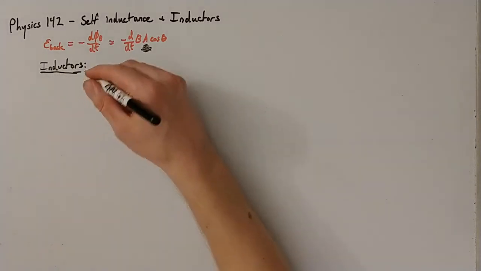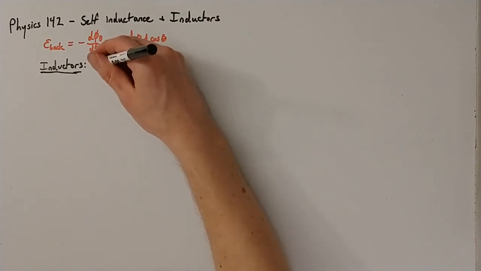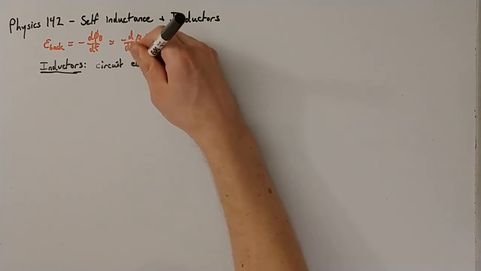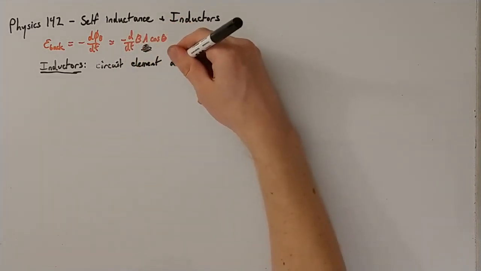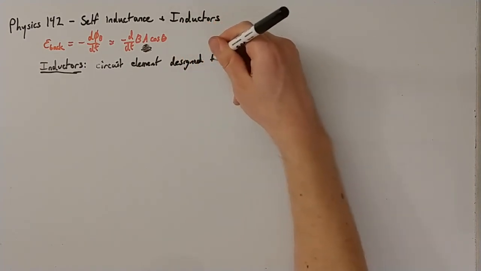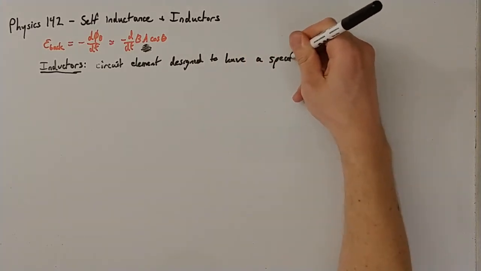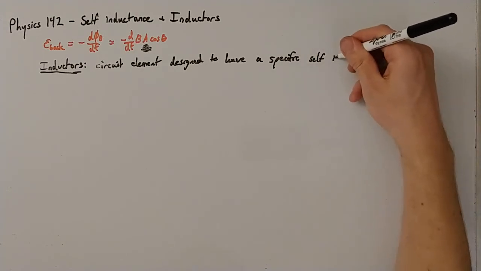So let's define inductor here. An inductor is a circuit element designed to have a specific self-inductance.